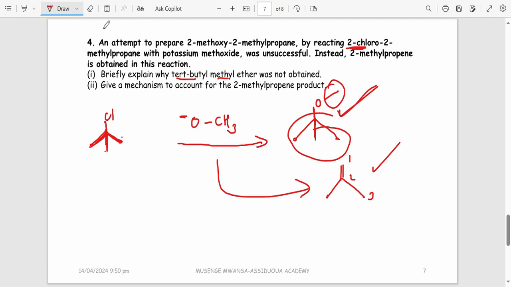You always have two groups attached to the oxygen. The group on top has only one carbon, so that is a methyl. The group down is a propane, but it has a methyl, so that is methylpropane. You're even stating the position of the methyl: if you number this as 1, 2, 3, the methyl is at position number 2 of the propane, so that is 2-methylpropane.